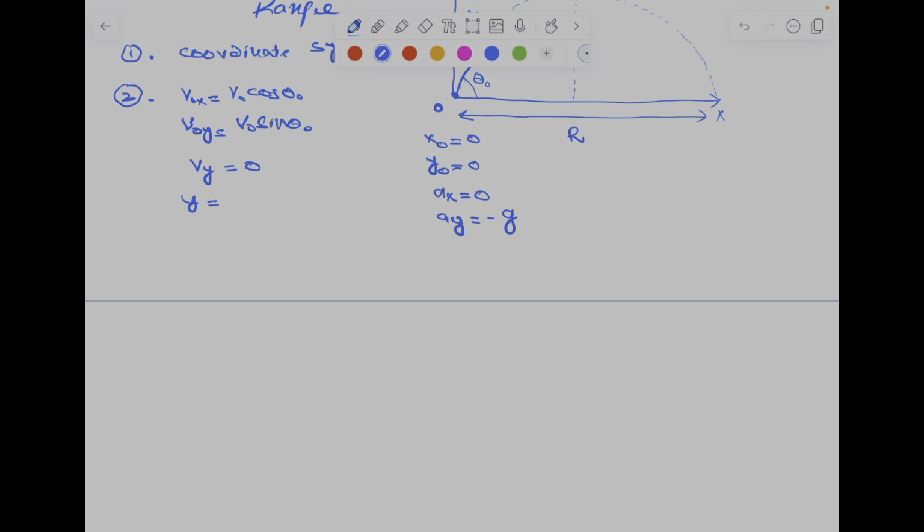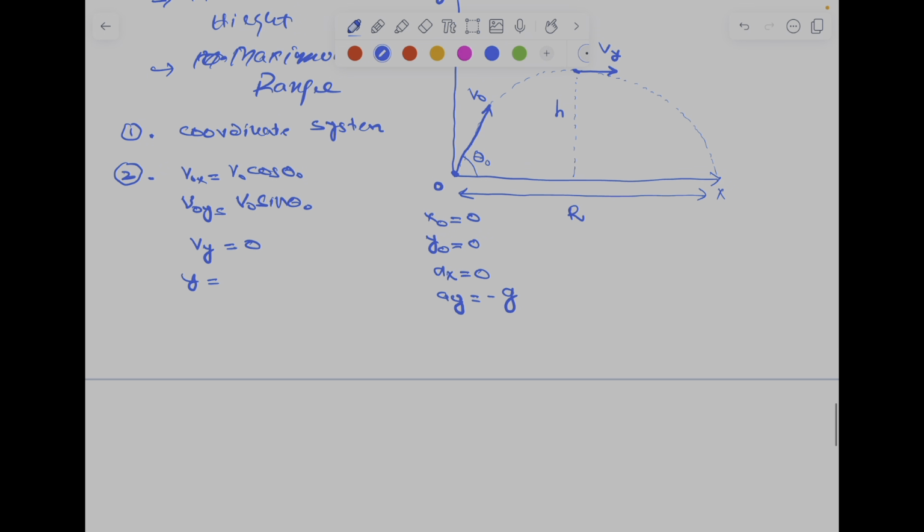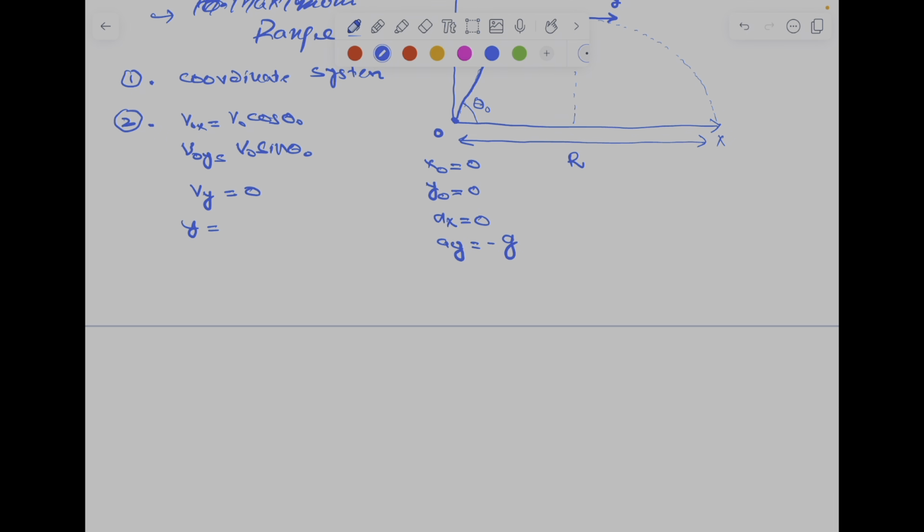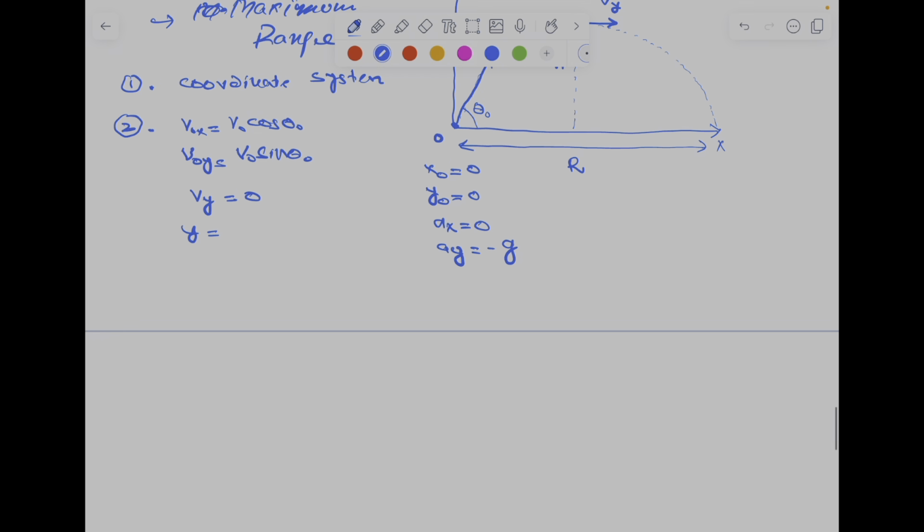In the y equation we don't have time, so we write v y squared equals v naught y squared minus 2g times y minus y naught.